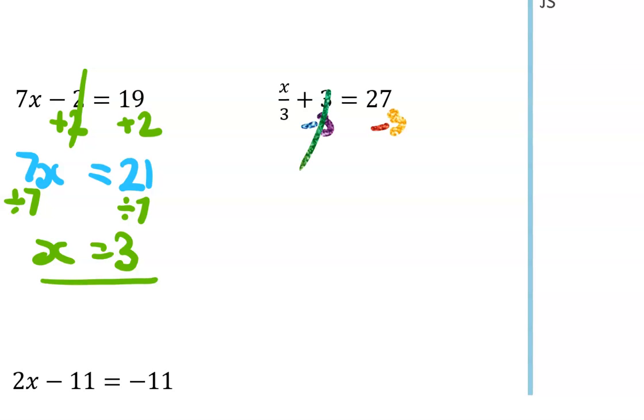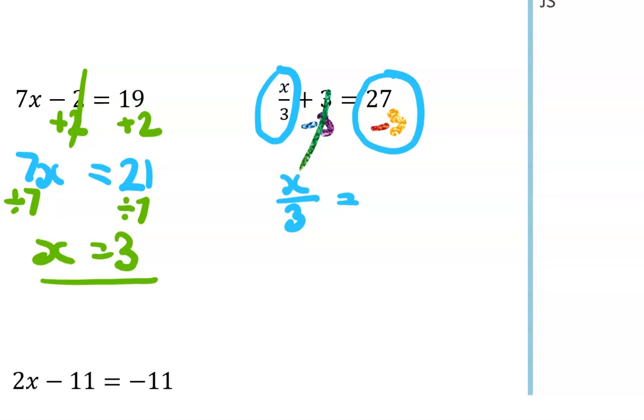That will get rid of my 3's. What am I left with? Well, on the left-hand side, I've got this x over 3. And on the right-hand side, I've got 27 take away 3, which is 24. Now, what I have is x divided by 3 is equal to 24.